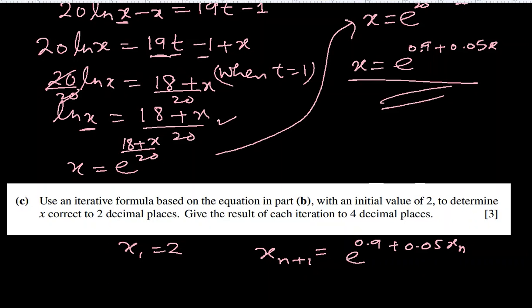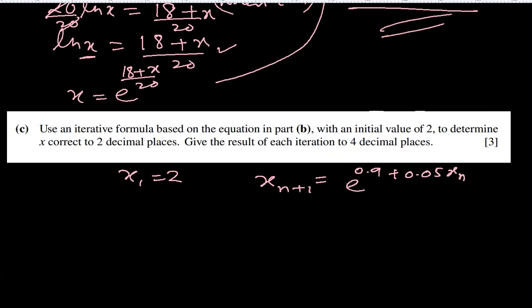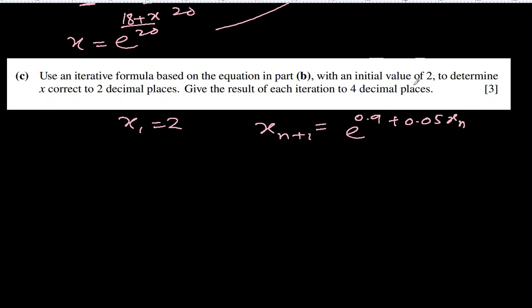This is the iterative formula we'll use, and that will hopefully give us the answer for the value of x. And they're saying start with 2. So x1 is 2. So what happens? x2 equal to e to the power 0.9 plus 0.05 times 2.